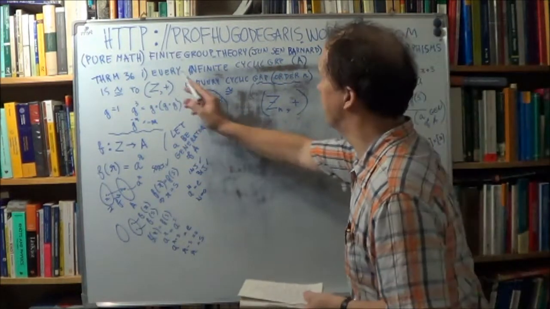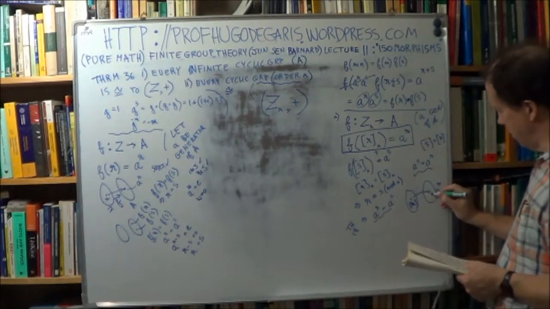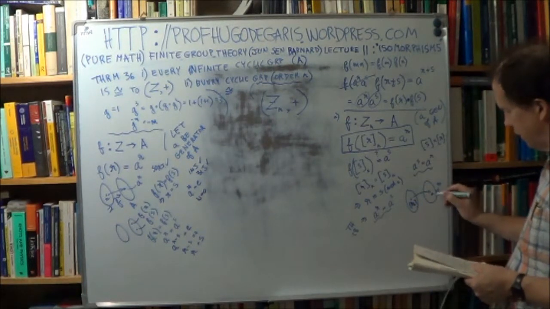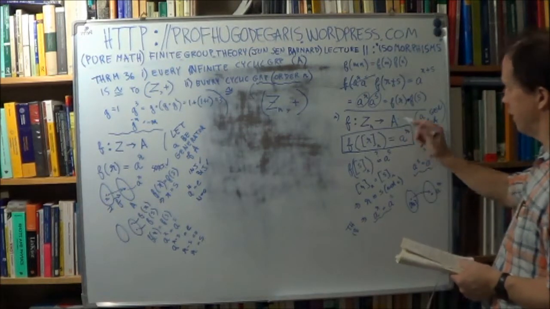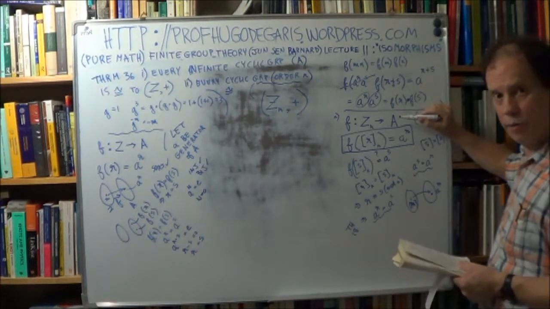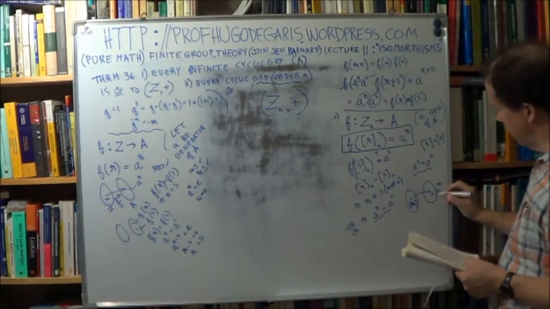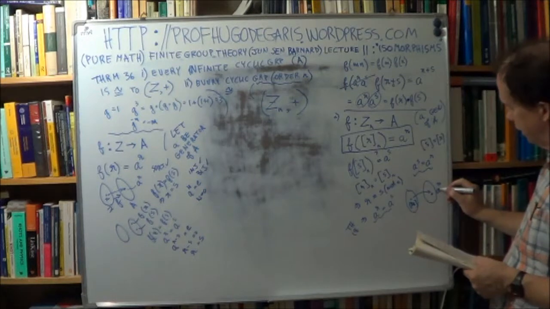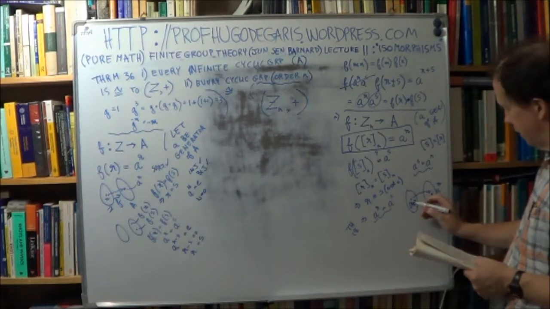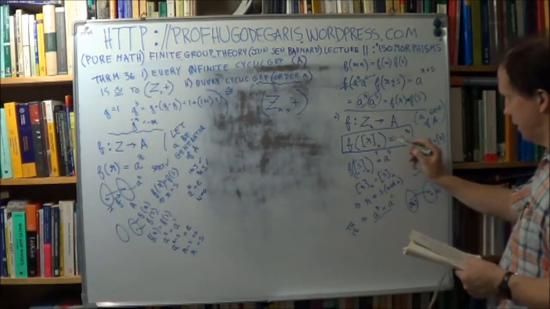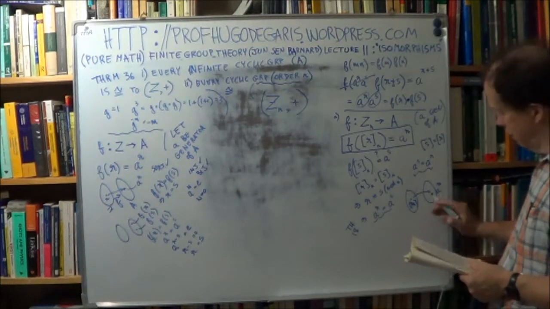Now any member in your codomain is a member of this cyclic group of order n. So any element will be of this form: the generator to some power r.